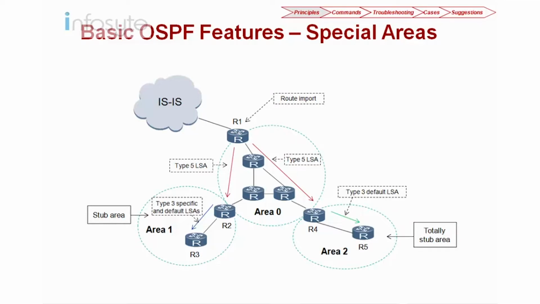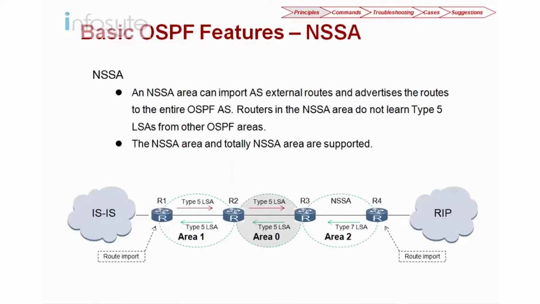So what's the difference when compared to the NSSA? On the NSSA, I can perform the import route. Let's take this as an example. R3 and R4 are running as an NSSA. R4 is connecting to RIP.